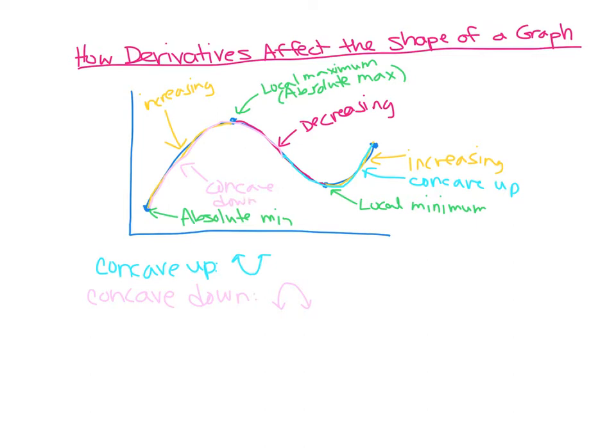The last thing, which I think is probably most likely new, is the point where our graph changes concavity. That is called the point of inflection, or inflection point. So our point of inflection is the place at which the graph changes concavity.